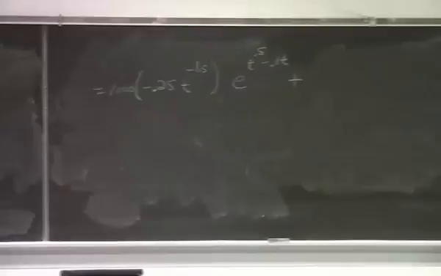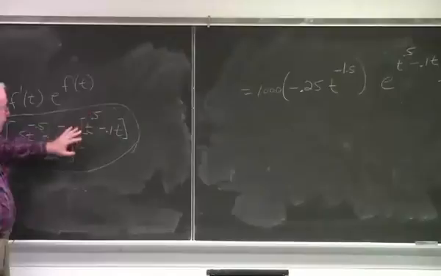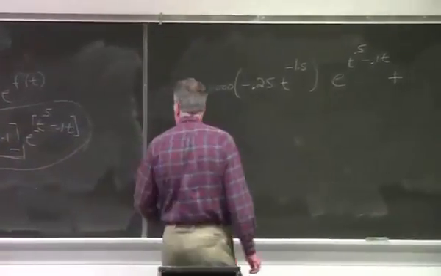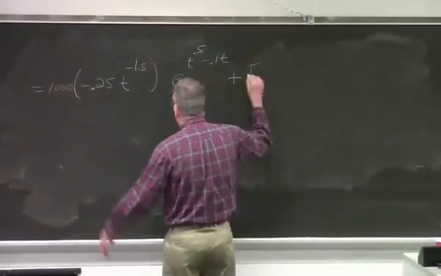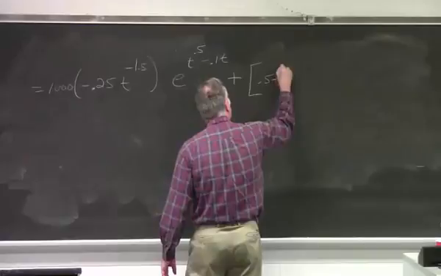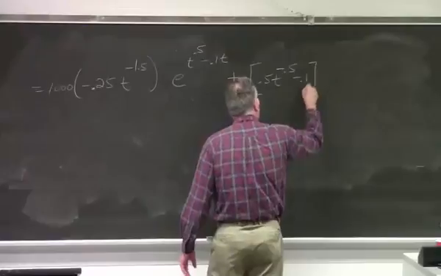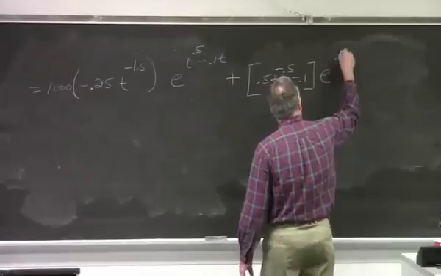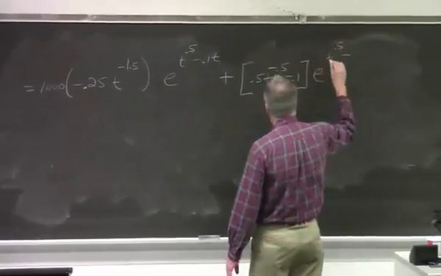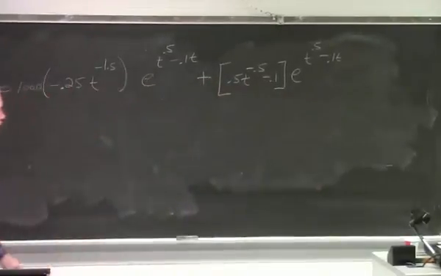So it's f prime of t times e to the f of t. The derivative of the second term is f prime of t, which I'll put in brackets, 0.5 t to the minus 0.5 minus 0.1, times e to the f of t, which is this. And all of this is the derivative of the second term with respect to t.